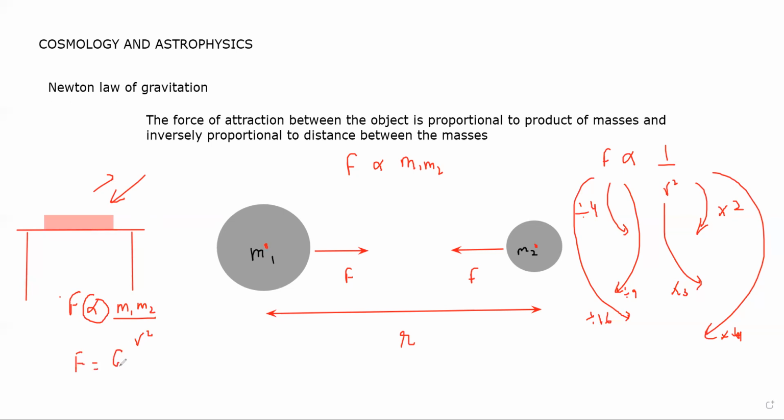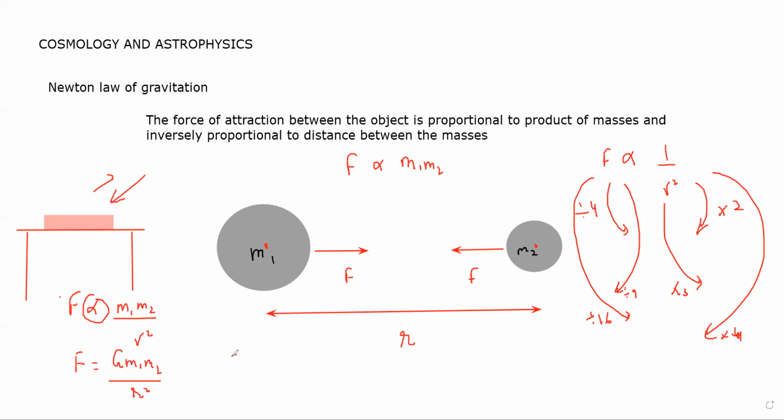That constant is G, which is also known as the gravitational constant, and constants have a fixed value. Some constants change their value according to the condition or the medium, but this is a universal law of gravitation, so its value remains the same throughout. It is independent of whether the two objects are on the surface of the earth, on the surface of Jupiter, or in space.